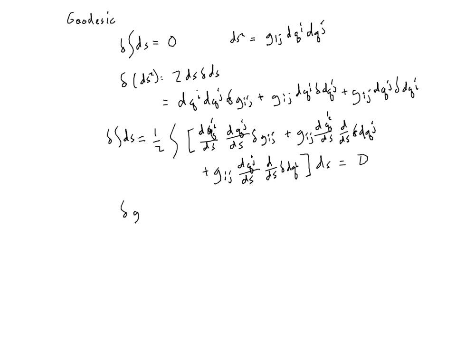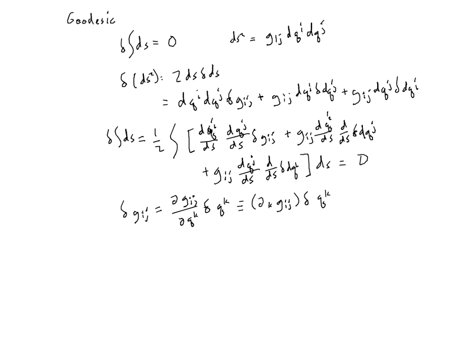So delta g_ij is equal to partial g_ij partial q^k, and then there's a delta q^k. This, by definition, is partial_k of g_ij times delta q^k, right?